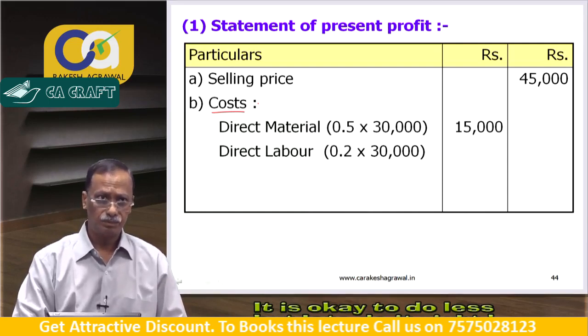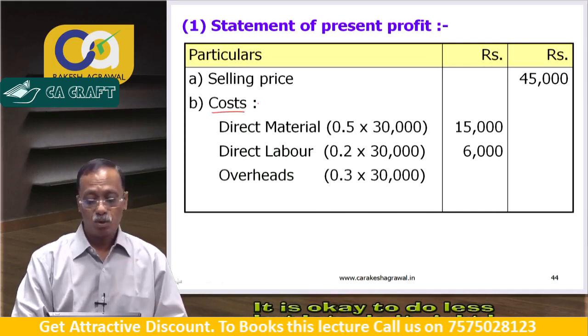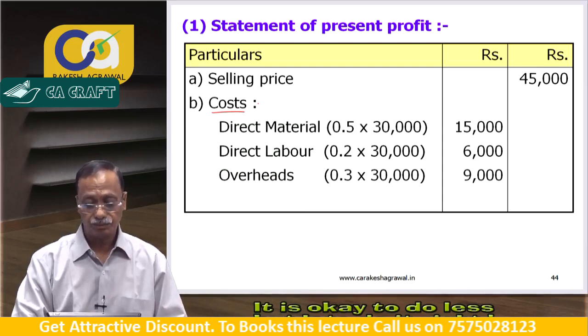Direct labor 0.2 into 30,000, that is 20%, that is 6,000. And overheads. Overheads is 0.3 into 30,000, that is 9,000. Naturally, outer column total is 30,000 only.